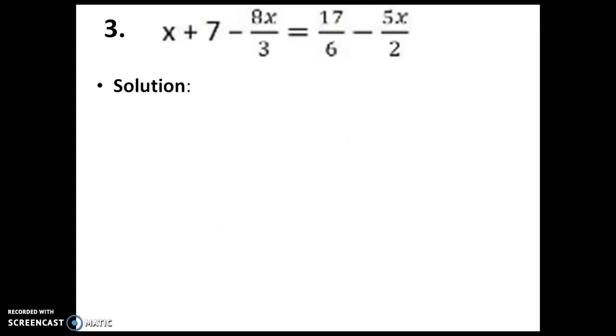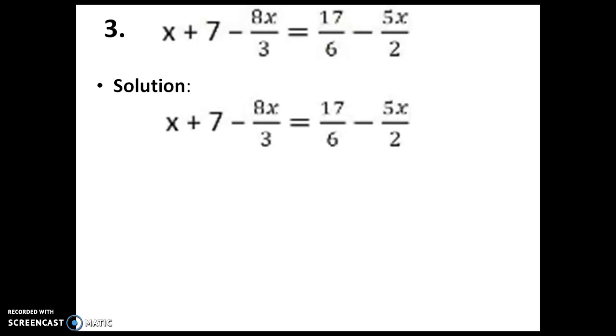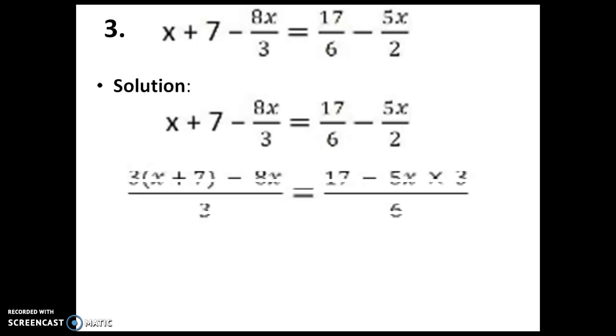x plus 7 minus 8x by 3 equal to 17 by 6 minus 5x by 2. So this is the question I have again written. Then same way you have to take the LCM. First step is when the denominators are not the same, we have to take the LCM and bring it to one whole divided by that.